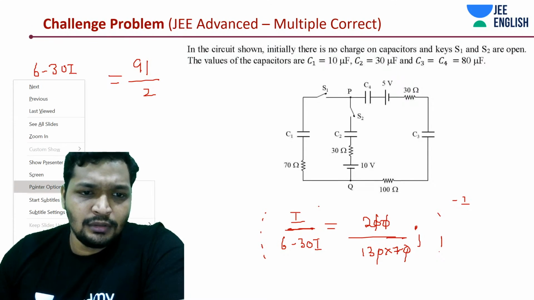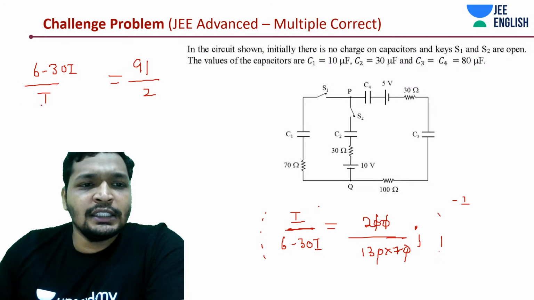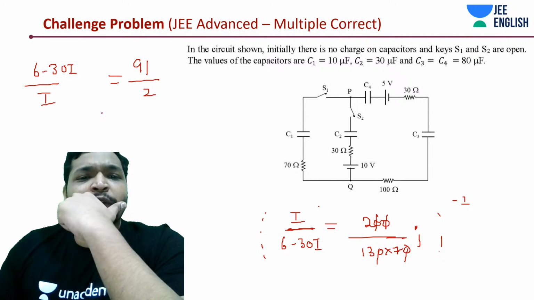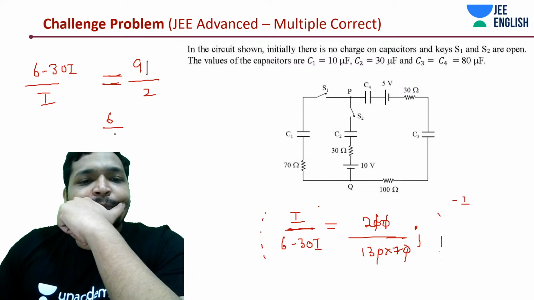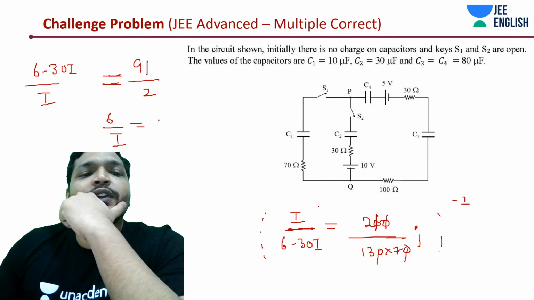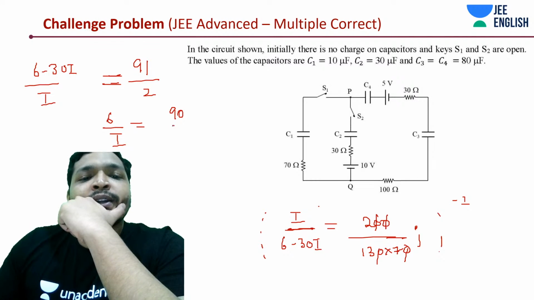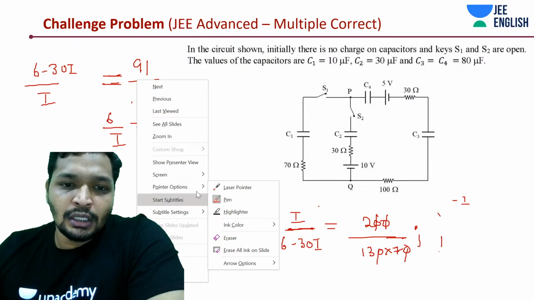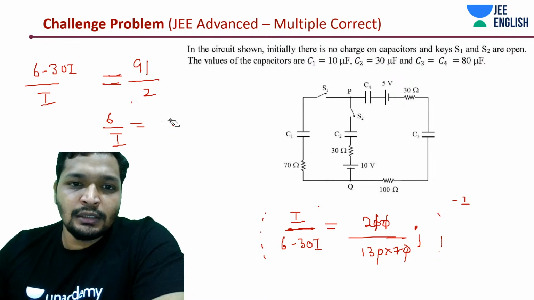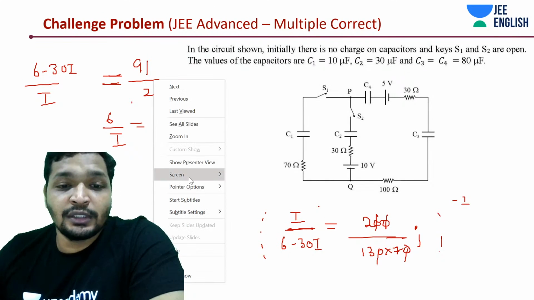I think initially it was moving quickly. So we have a problem that we need to solve. It's basically 91 by 2, which is how much? I'm not going to calculate it. Anyway, we have to divide it, so what is the point?